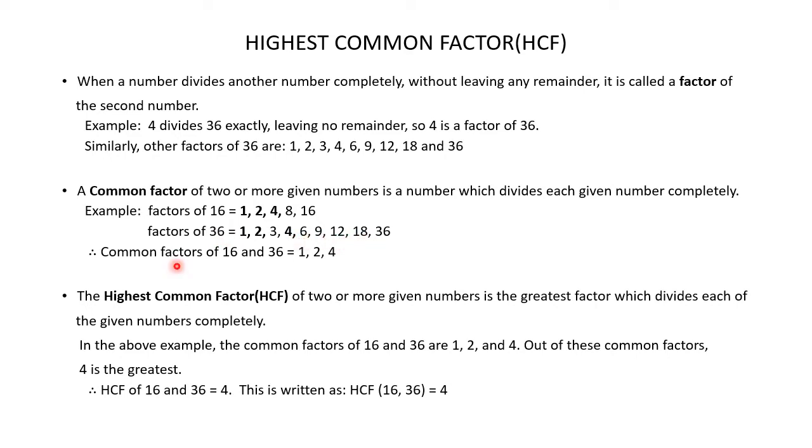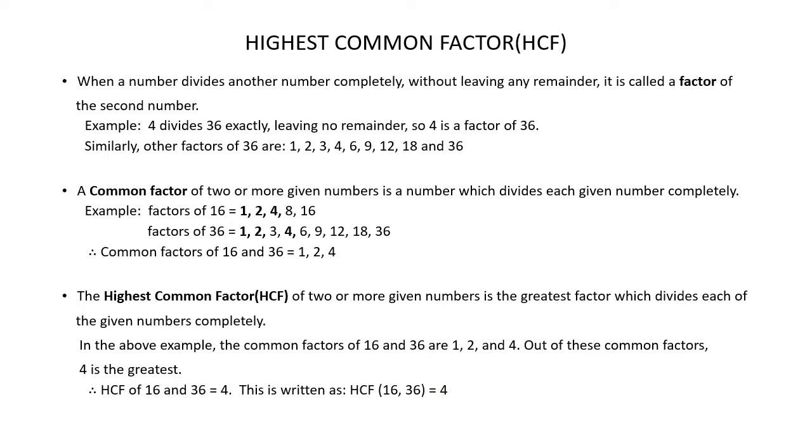Now we found out that the common factors of 16 and 36 are 1, 2 and 4. Out of these three common factors, the greatest factor is 4. So HCF of 16 and 36 is 4. This is written as HCF of 16 and 36 is equal to 4.